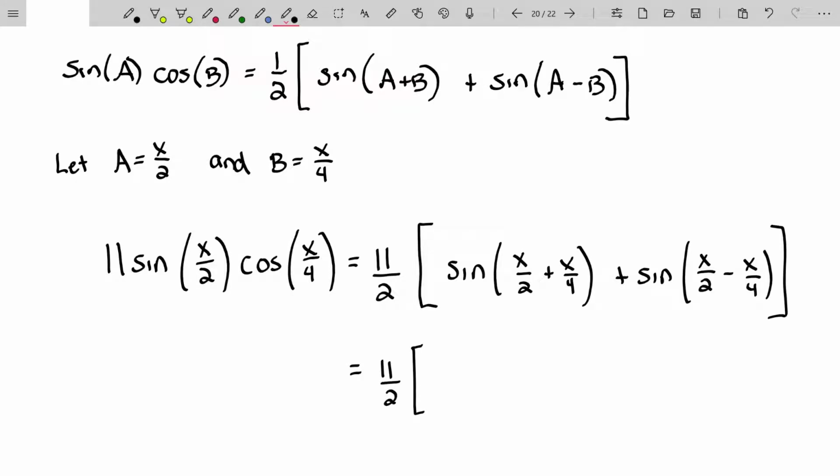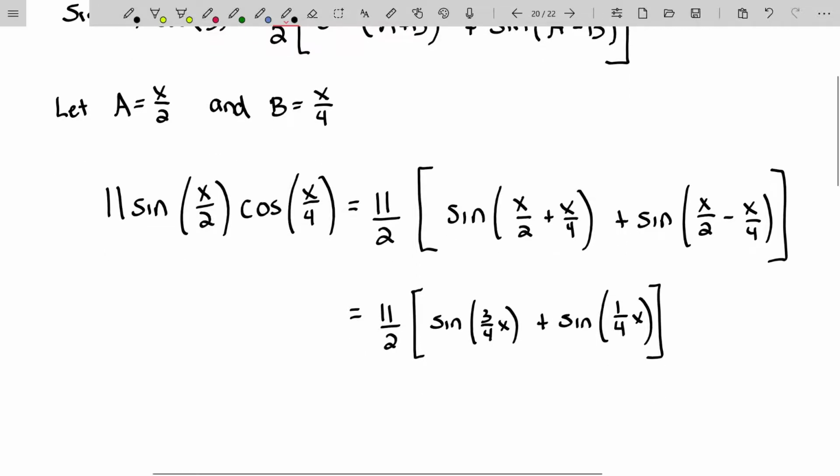Well, in this case, that's 2 fourths plus 1 fourth, that's 3 over 4, sine of 3 over 4x, plus the sine of 2 over 4 minus 1 over 4, which is 1 over 4x.